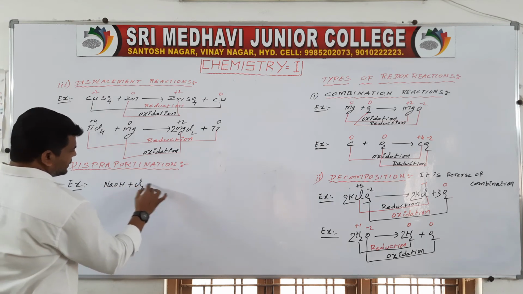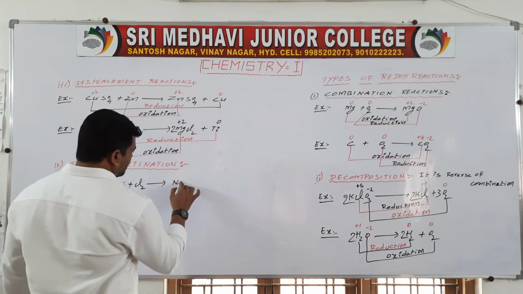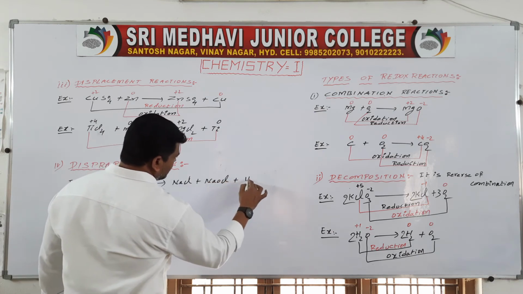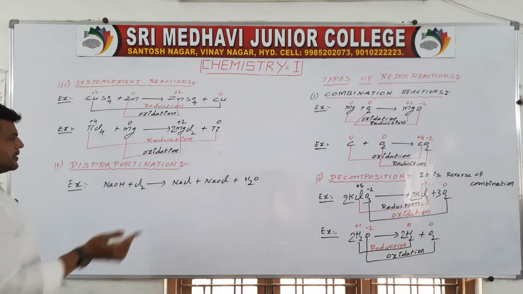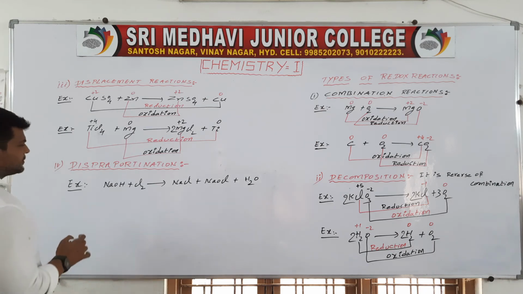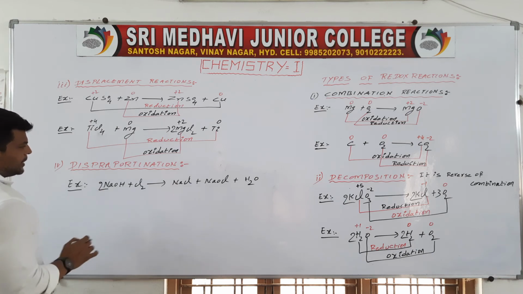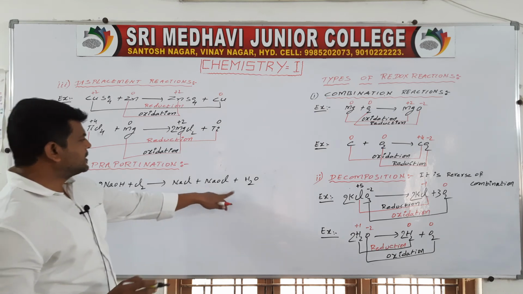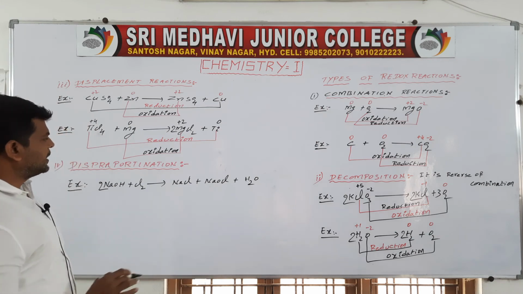Cl2 reacts with NaOH gives NaCl plus NaOCl plus H2O. Okay, you have to balance this. 2 NaOH, Na, Na. So Cl2, Cl, Cl, 2 oxygens, 2 hydrogens. Balanced.